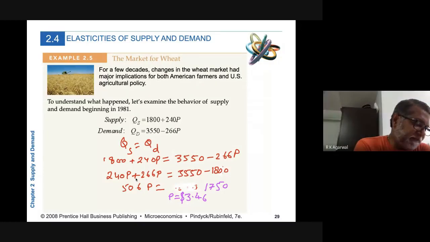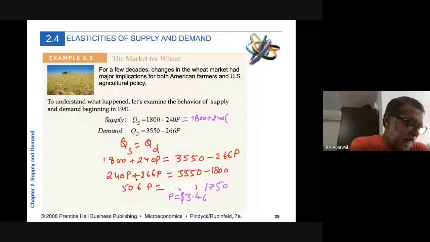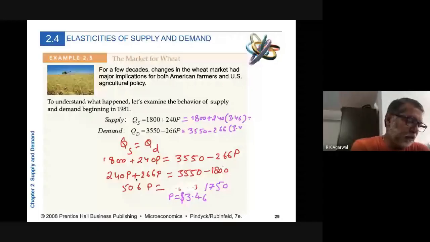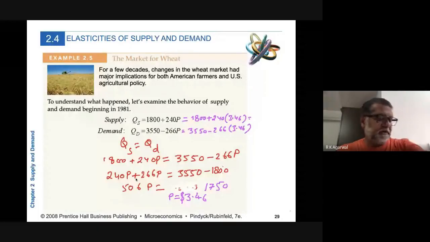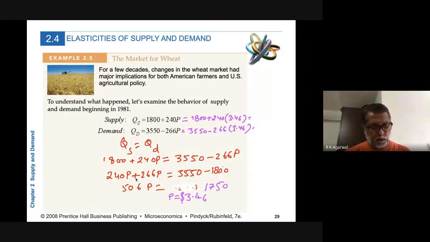So let us substitute this in the supply equation: 1800 plus 240 into 3.46, and in the demand equation, 3550 minus 266 into 3.46. Can you calculate this quickly for us?